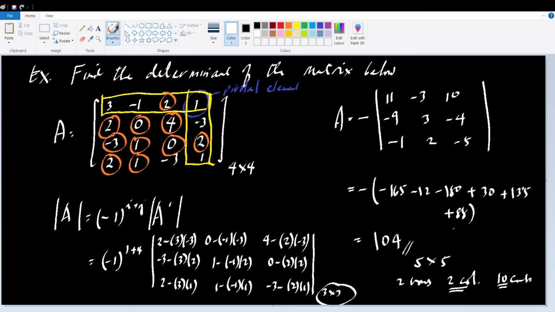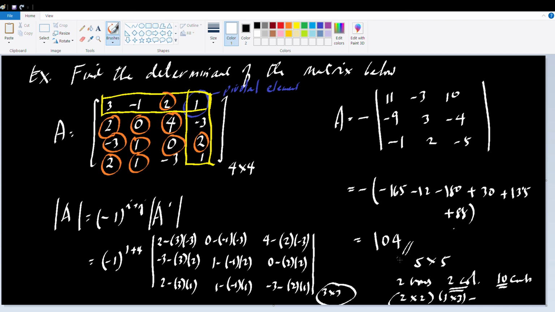There will be a product of a 2 by 2 and a 3 by 3, and there will be 10 such products. There are 10 combinations of 2 rows and 2 columns, each associated with a 3 by 3 matrix. And these combinations of 2 by 2 and 3 by 3 determinants will involve about 10 addends.